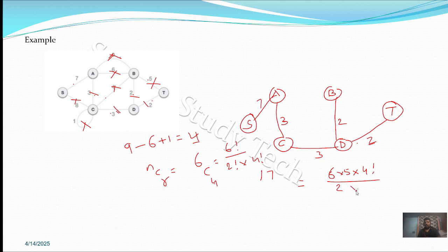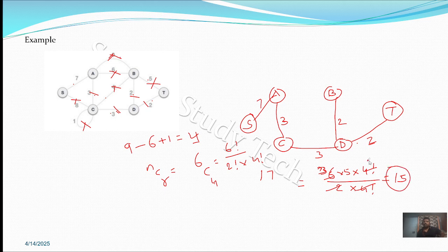The 4 factorial cancels, and the 3 cancels, so 15 spanning trees are possible.